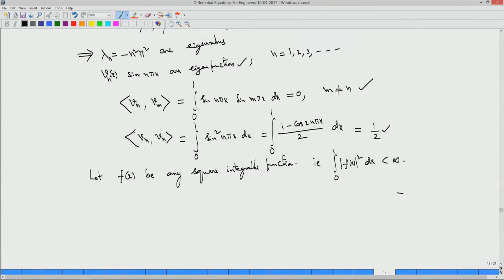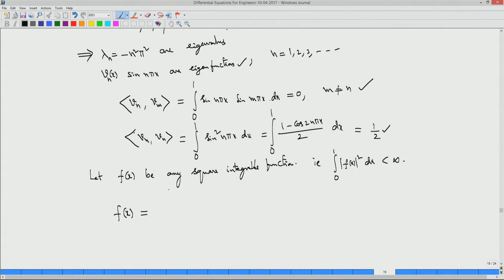Any f satisfying this, I can write, and that is the meaning of complete orthogonal eigenfunctions: any square integrable function f I can write as a linear combination of all these eigenfunctions.